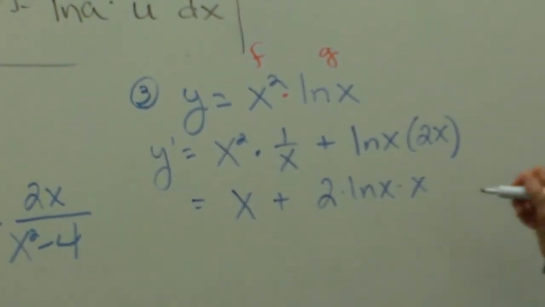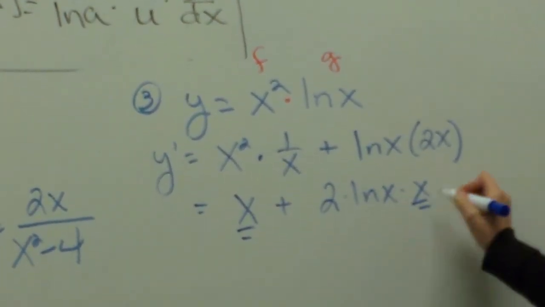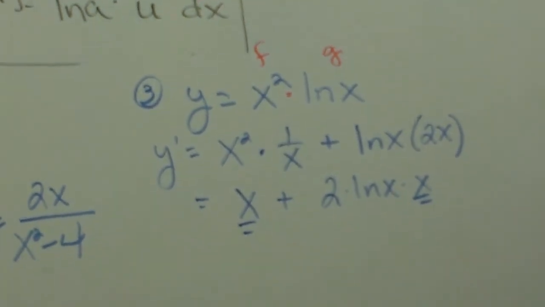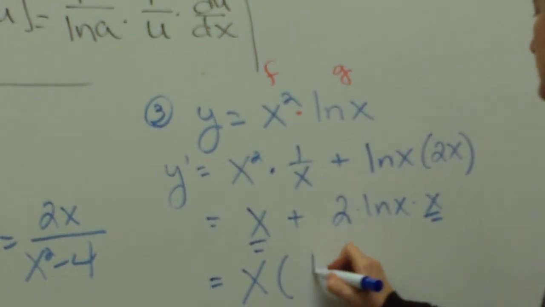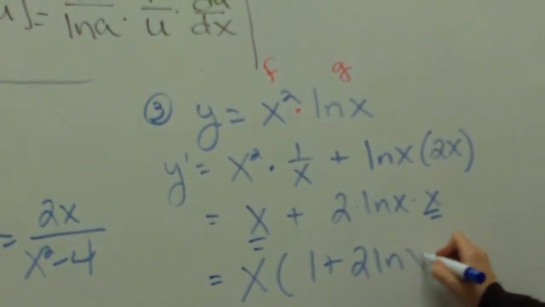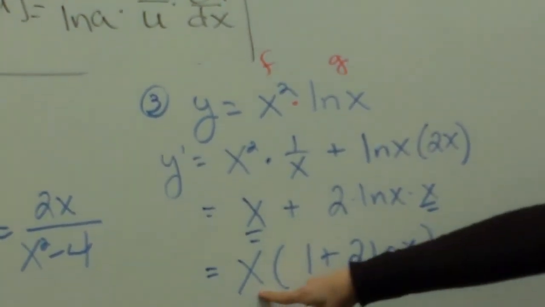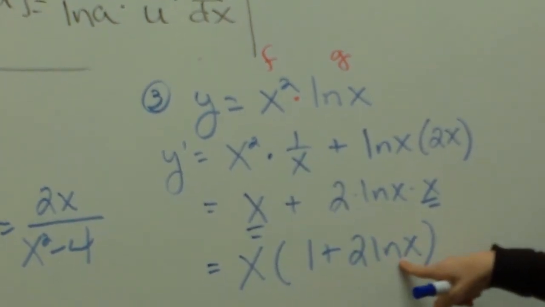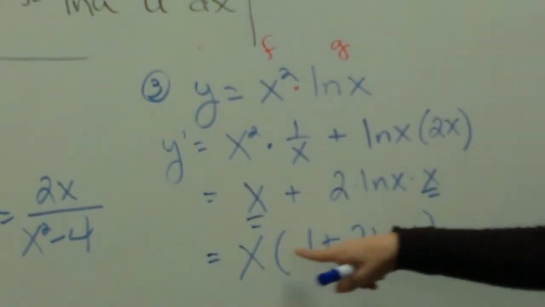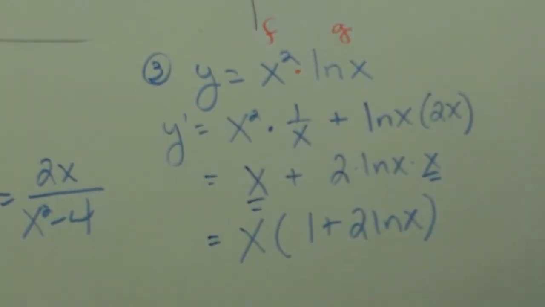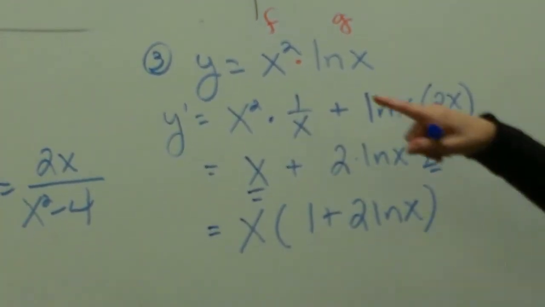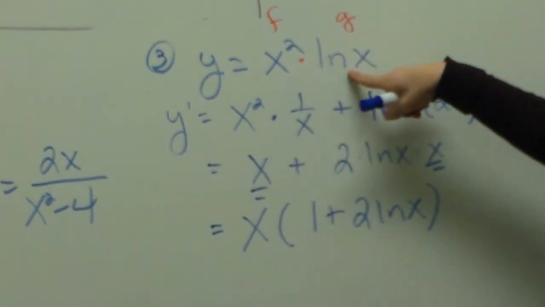But what you want to notice is the common factor of x, because the best thing to do for your final answer is to factor that out so that you have it written as x times 1 plus 2 ln of x. And that's going to be helpful when we have to try and find critical values. So that's the derivative for number 3, remembering the product rule.